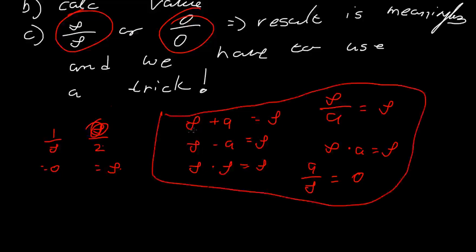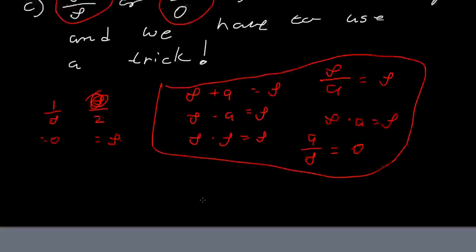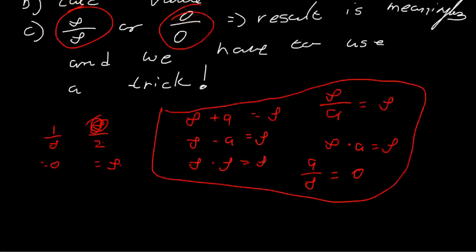So in these cases, if you add or subtract a constant from an infinite number, it's basically irrelevant compared to the infinite number, and that's why infinity plus a or minus a is equal to infinity. And an infinite number times an infinite number gives you an infinite number. An infinite number divided by a constant is still an infinite number. An infinite number multiplied by a constant is still an infinite number. A constant, so 5, divided by an infinitely large number will be equal to 0.